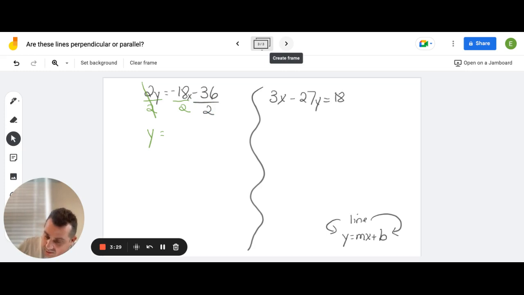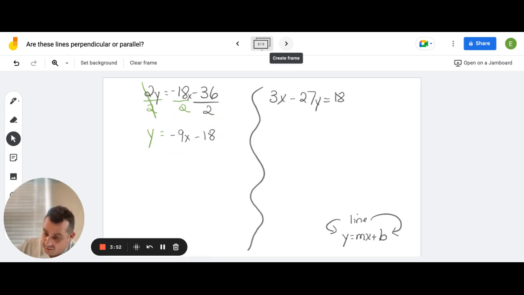Negative 18 divided by 2 is going to be negative 9, and we'll have negative 9x. Now we have minus 36. Divide that by 2 will give us minus 18. So I now have y equals negative 9x minus 18.